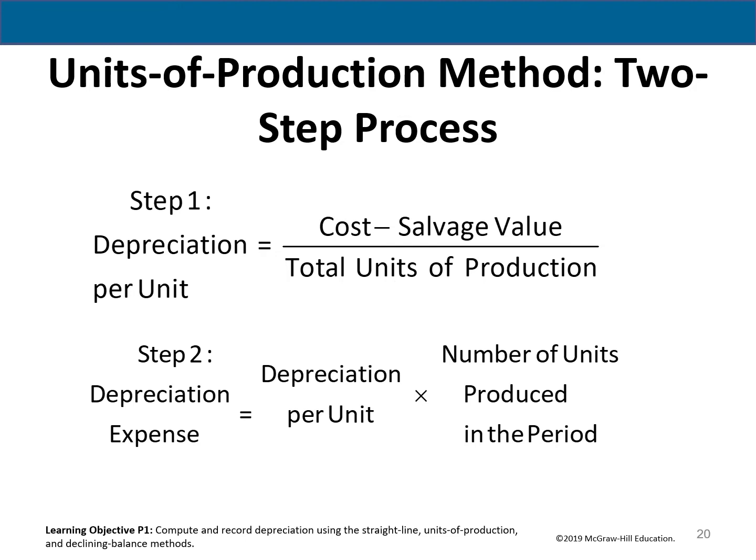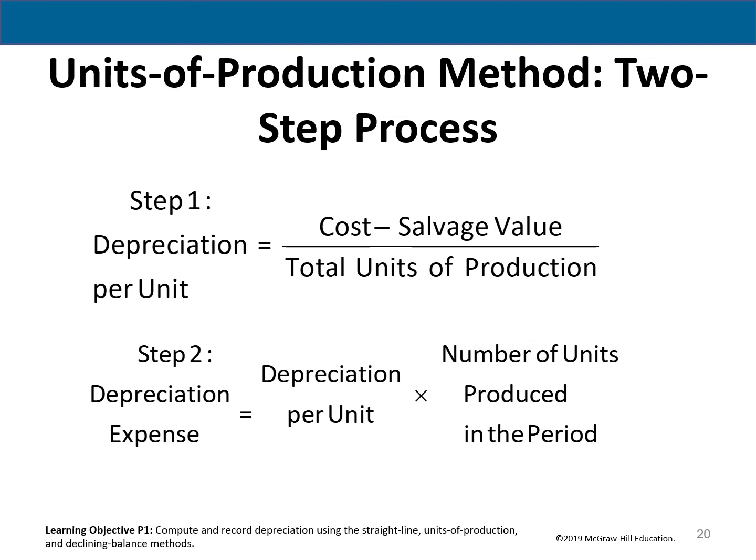And how we do that is we take the cost of the asset minus its salvage value, and then we divide it by the number of units in total we expect to use it. And that'll tell us how much depreciation expense there is for each unit of use.